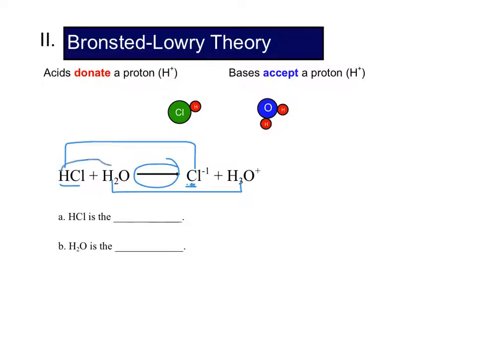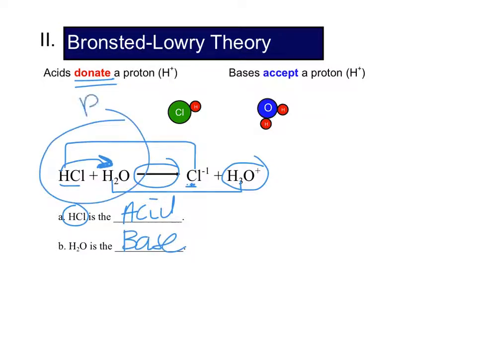So HCl must have donated it in the reaction, and H2O accepted it, which is why it's now H3O plus. Based on the Bronsted-Lowry definition, acids donate the hydrogen. Hydrochloric acid donated it, so we classify it as the Bronsted-Lowry acid, making H2O the Bronsted-Lowry base. Notice we're classifying just the reactant side. We'll handle the product side in a little bit.